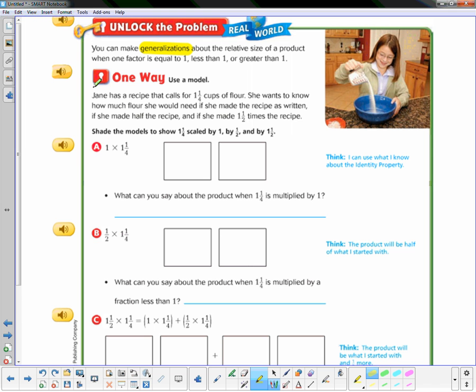So Jane has a recipe that calls for 1 1/4 cups of flour. She wants to know how much flour she would need to make the recipe as written, like for one serving, if she cut it in half, or if she made 1 1/2 times the recipe.